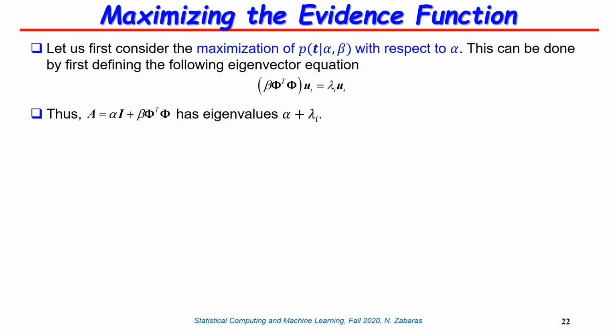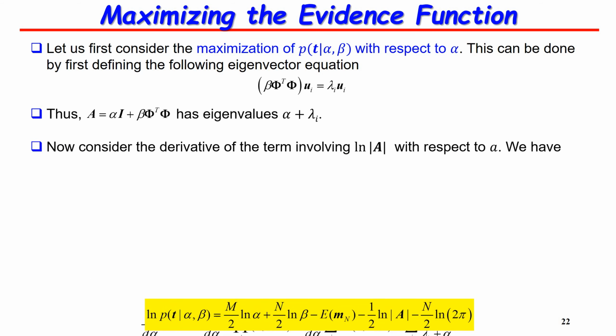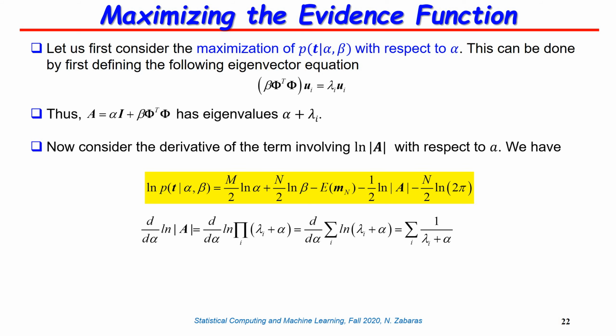Because if you remember in my log marginal likelihood, there was a log of the determinant of A. So a good way to compute the log of a determinant, and in particular taking derivatives of this, is to express this matrix A using its eigen decomposition. And that's what I have done on the equation that you see on the bottom.